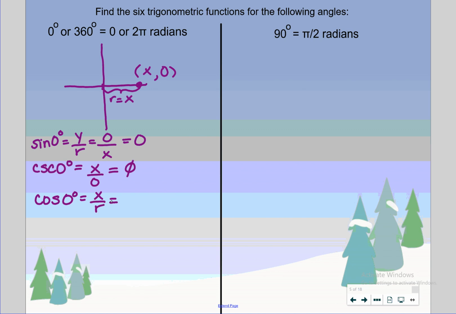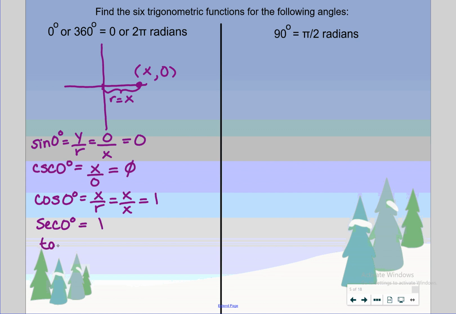What's my x coordinate? And my point, what's my x coordinate? X. What's my radius? X. What's x divided by x? 1. And what would the secant of 0 be if I flip that? It's also still x over x, so 1.